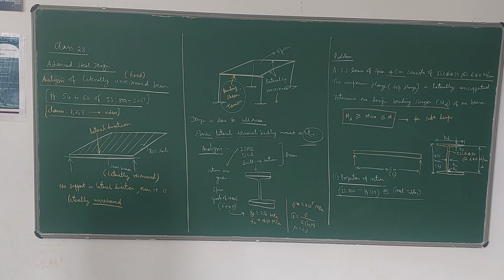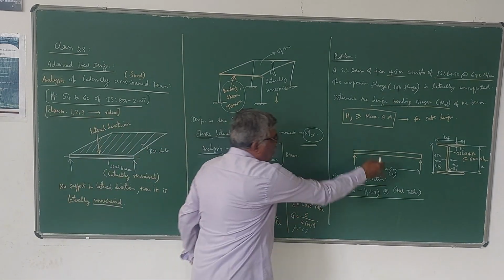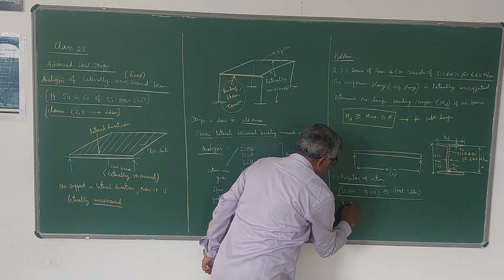Sectional area is there. ISLB 450, so H is 450. Overall depth is 450.